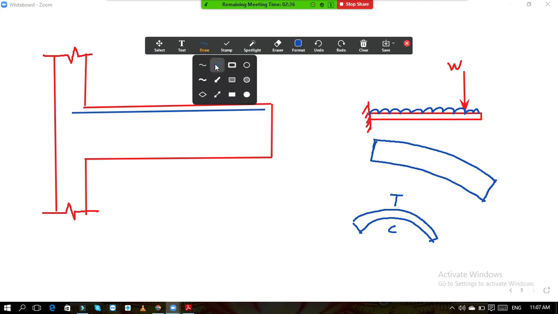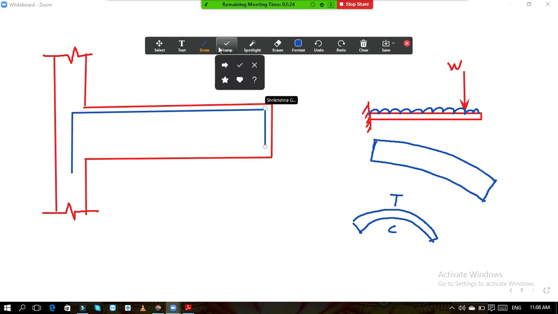Then this will bend up to certain length, and here also. So this is our main steel.